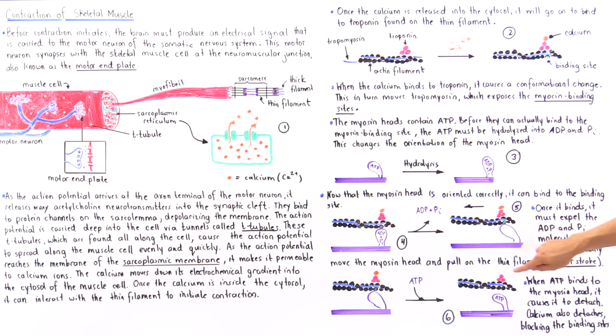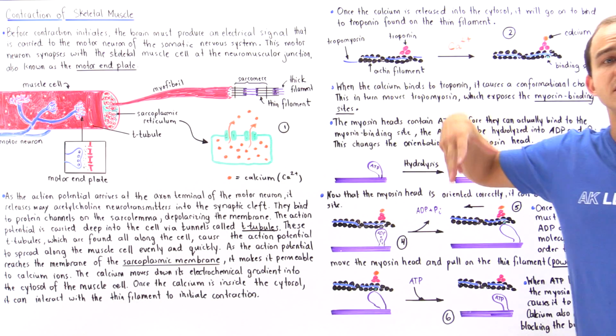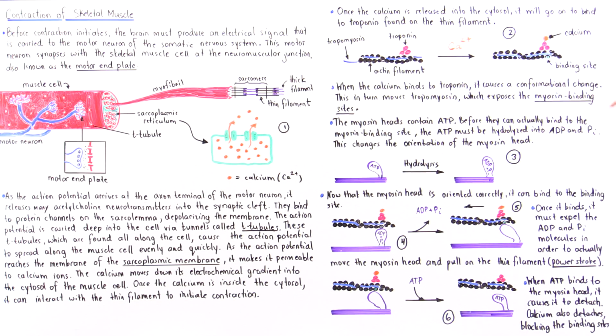At the same time, the calcium that is bound to our troponin is released. And that means our tropomyosin closes that binding site. So now our myosin head can no longer bind to our actin filament. So when ATP binds to our myosin head, it causes it to detach. Calcium also detaches, thereby blocking those myosin binding sites.